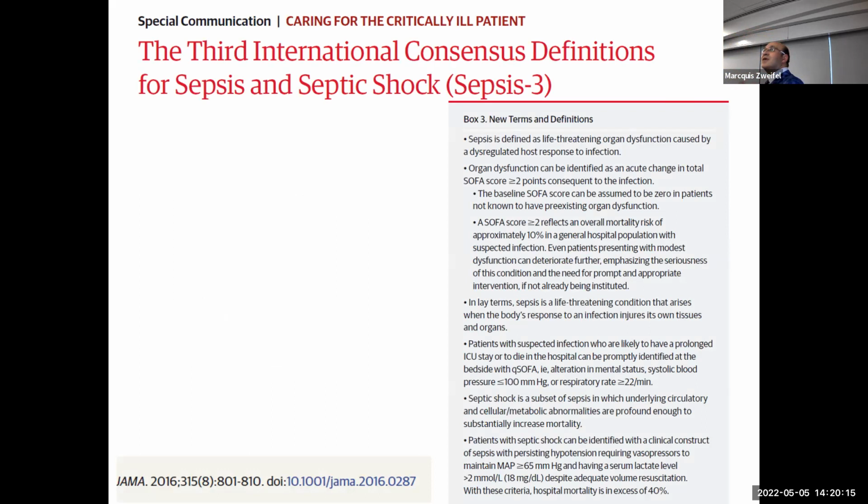You see here in the first column, sepsis is defined as life-threatening organ dysfunction caused by a dysregulated host response to infection. So our response to infection, a dysregulated response, is what's causing the sepsis. Make sense?